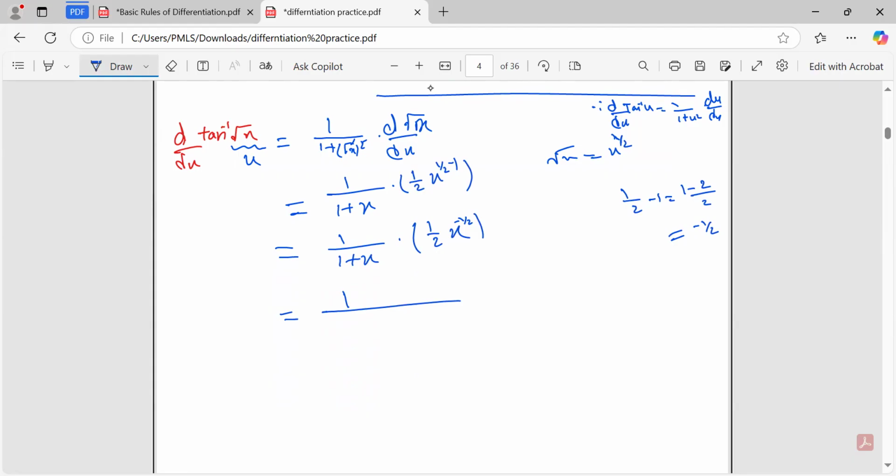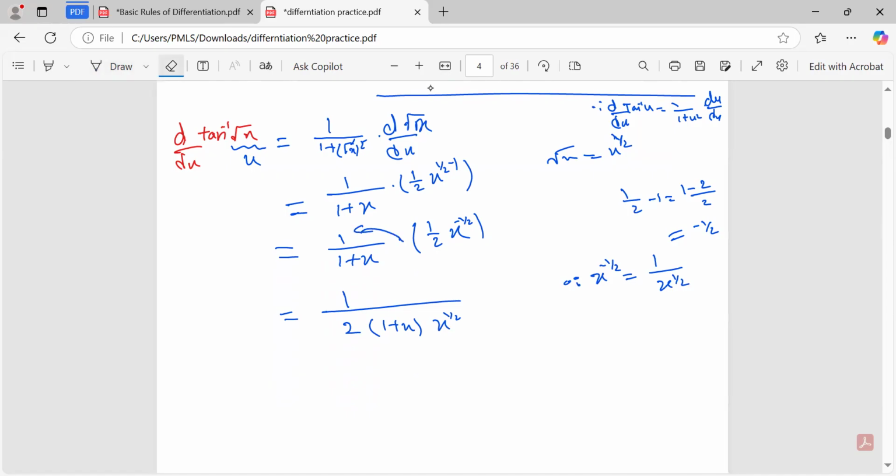This is just simplification: 2 times 1 plus x times x to the power 1 by 2. Because this is a negative power, keep in mind minus 1 by 2 can be written as 1 over x to the power 1 by 2. If you write it above, there is no issue, but because this is easily simplifiable, that is why I write it like that.